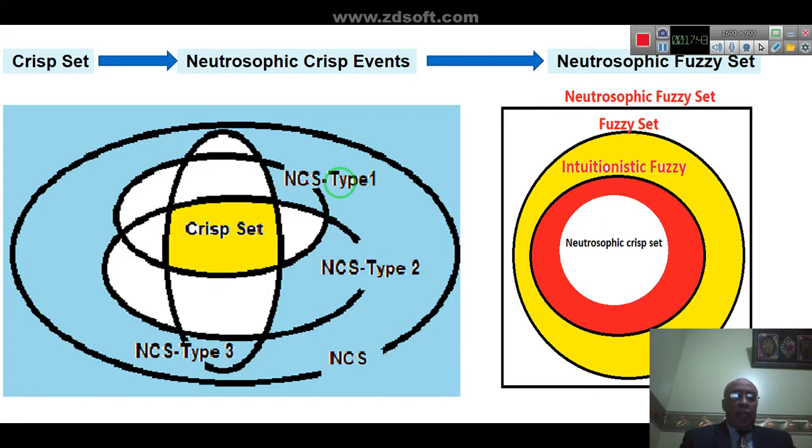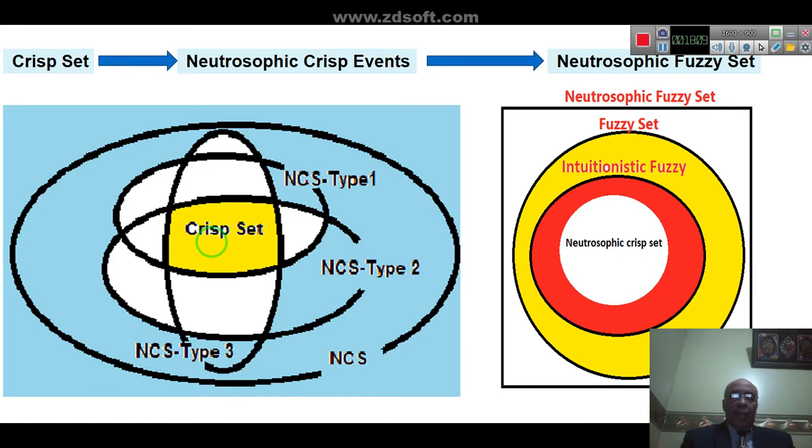The neutrosophic crisp set is a generalization of the crisp set. Crisp set inside neutrosophic crisp set. When you compute probability, use neutrosophic probability for the neutrosophic crisp set.